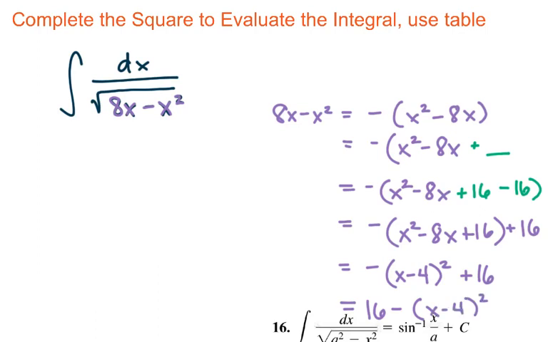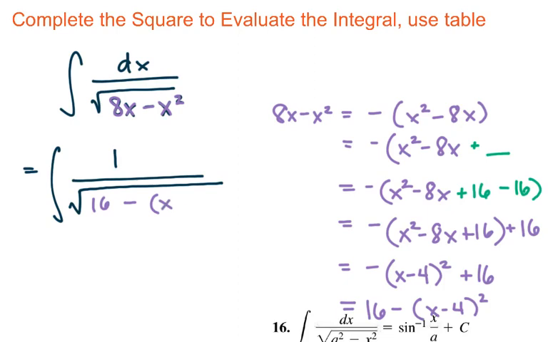So my radicand, what I have under that radical, can now be rewritten. I'm going to say, all right, well, I have 1 over the square root of 16 minus x minus 4 squared dx.